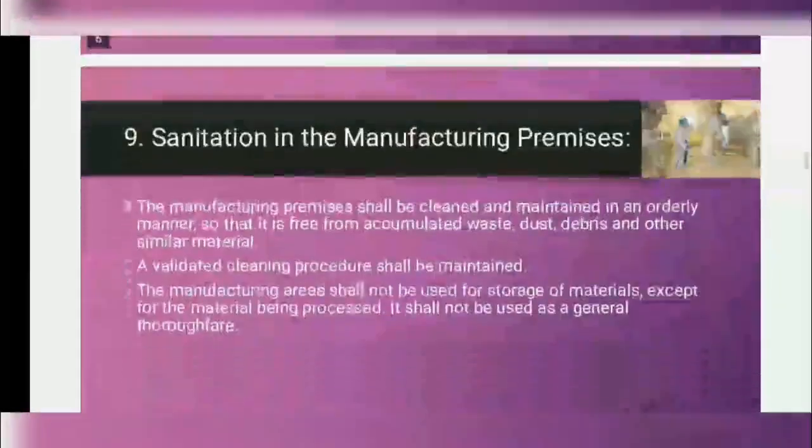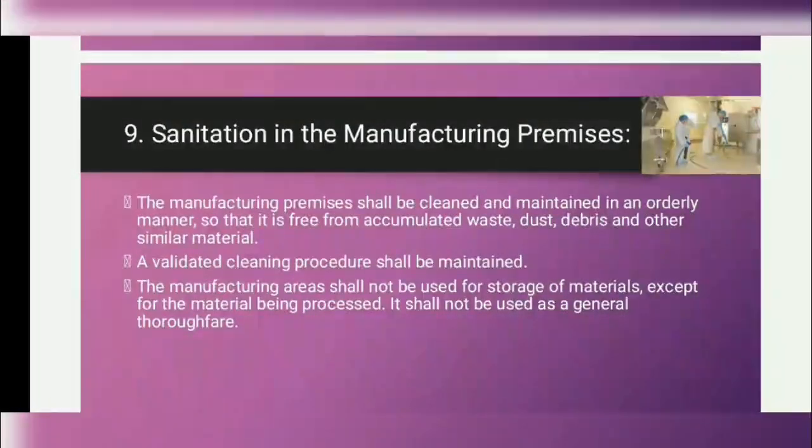Now come to sanitation in the manufacturing premises. Let us discuss the GMP requirements for sanitation in manufacturing premises. The manufacturing premises must be cleaned and maintained in an orderly manner so that it is free from accumulated waste, dust, debris, and other similar material.